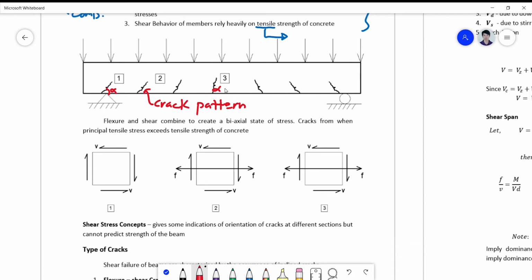So alpha here is almost vertical at the midspan, while alpha here is more or less 30 to 45 degrees.